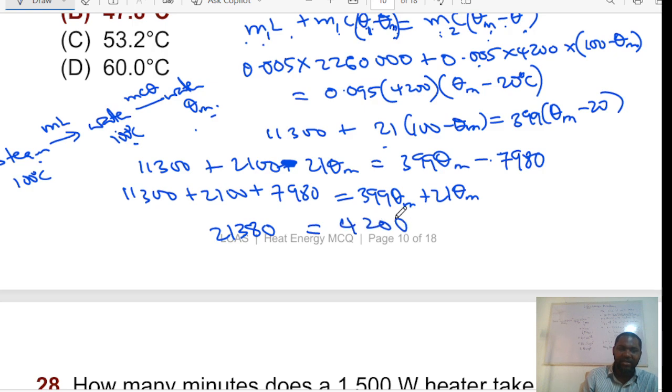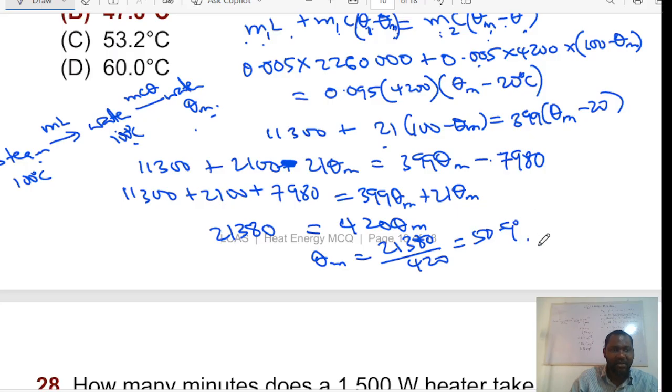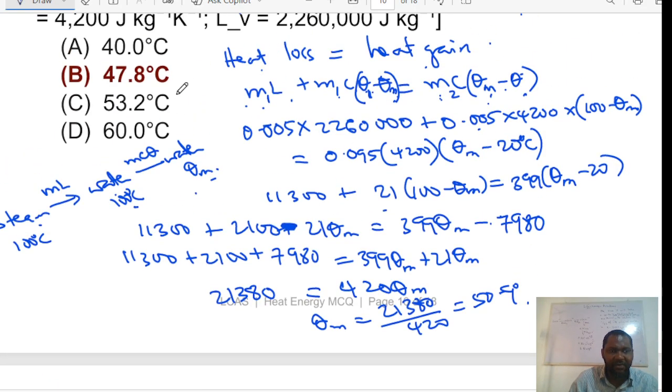This is 420 theta m, so theta m now is going to be 21,380 divided by 420. Except for those of you that will be writing theory questions, you will need this. So I'm getting 50.9 degrees. Is there any 50.9 here? There is no 50.9, so either I made a mistake somewhere, but I don't have the time to check that. It's just to show you how to go about this.